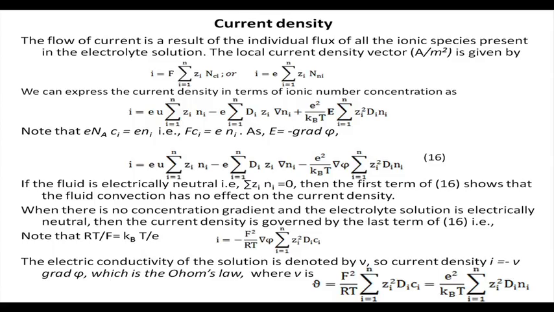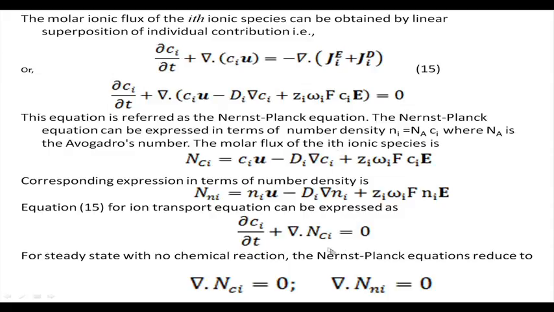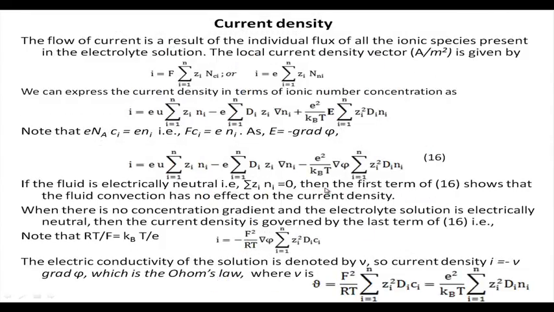If I substitute in the flux, or the number density flux, in this relation, the current density is governed by this equation. Now, if I write E in grad phi form, we get a situation governed this way.